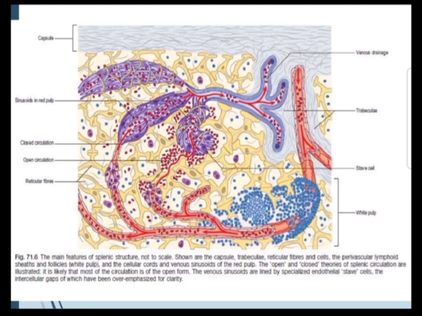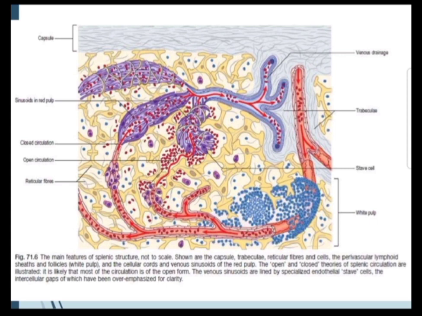Another function of the spleen is the production of lymphocytes. As I have said, there are splenic nodules, and in the splenic nodules there are germinal centers, and lymphoblastic proliferation is going on in these germinal centers.